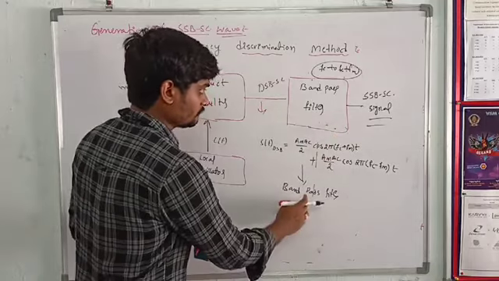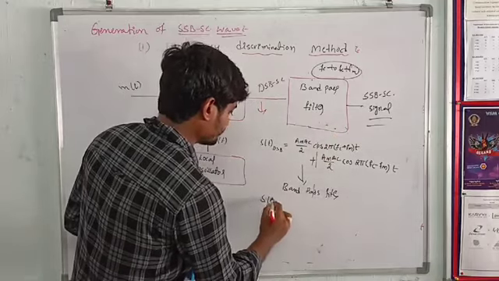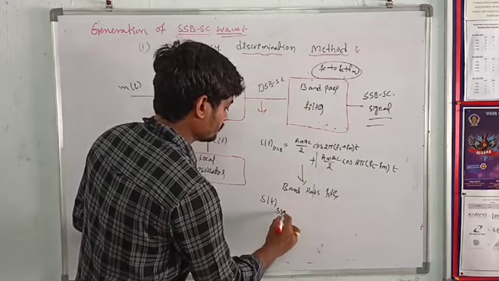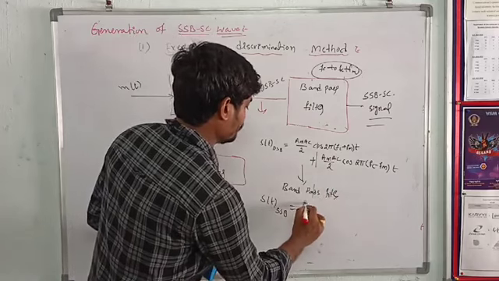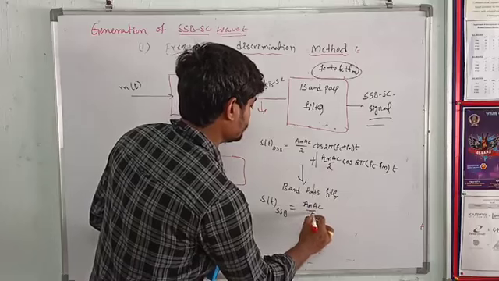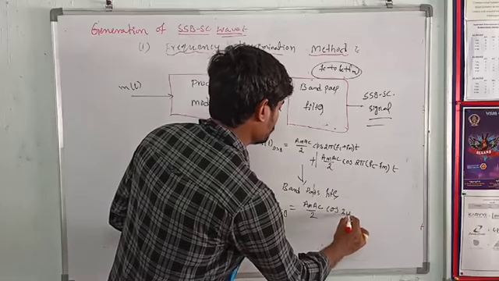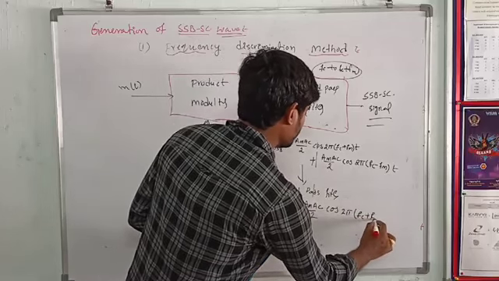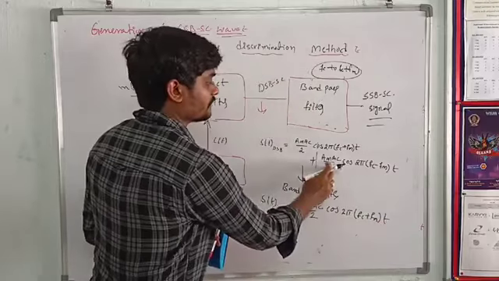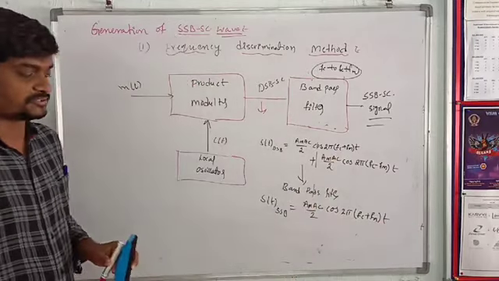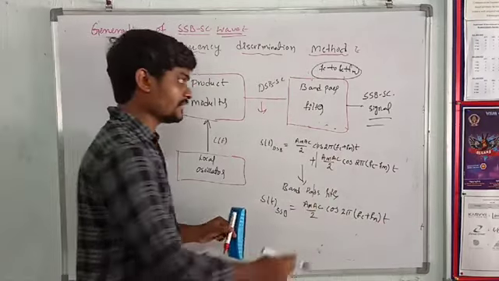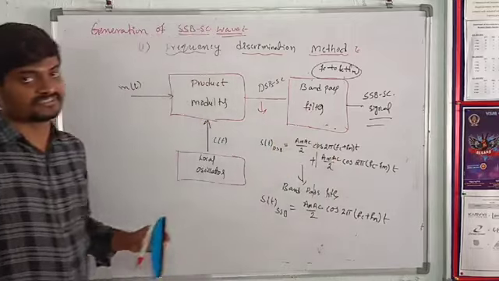After passing through the band pass filter, we can get either the upper sideband or the lower sideband, Am Ac by 2 cos 2 pi (fc plus fm) t or Am Ac by 2 cos 2 pi (fc minus fm) t, depending upon your band pass filter design.